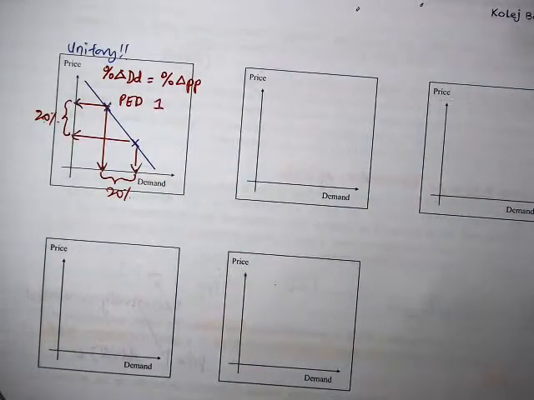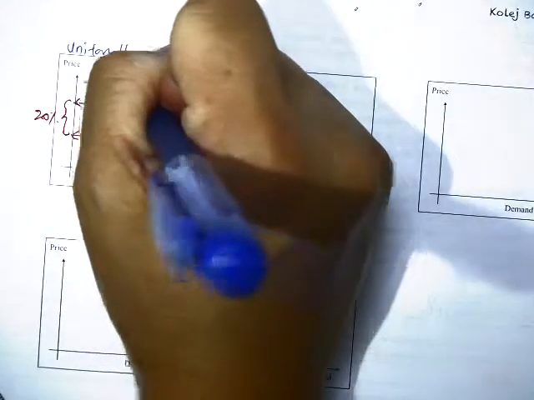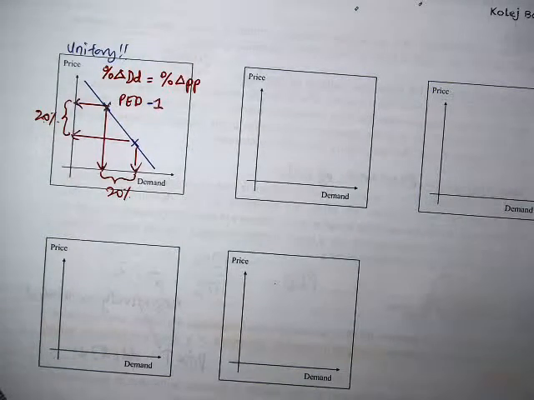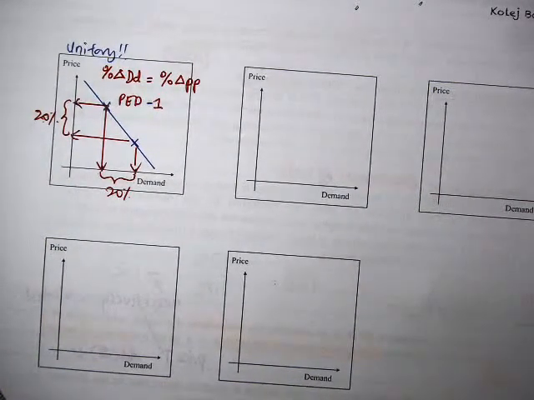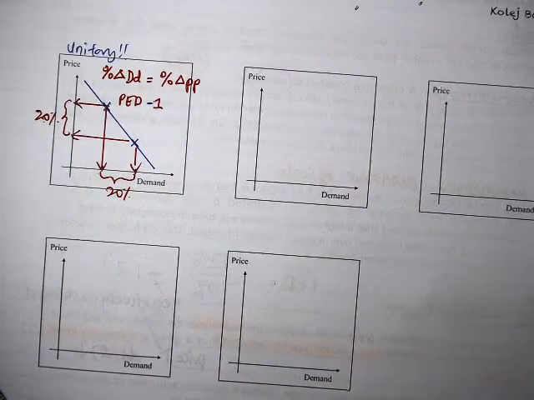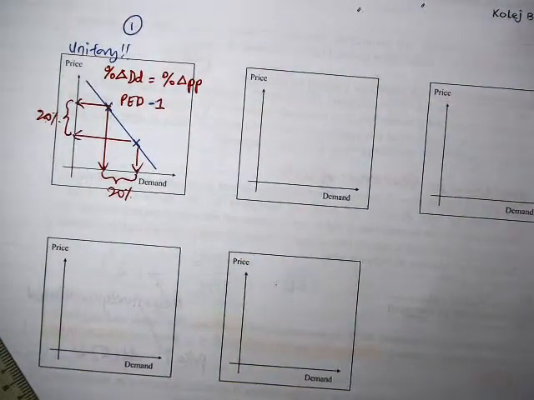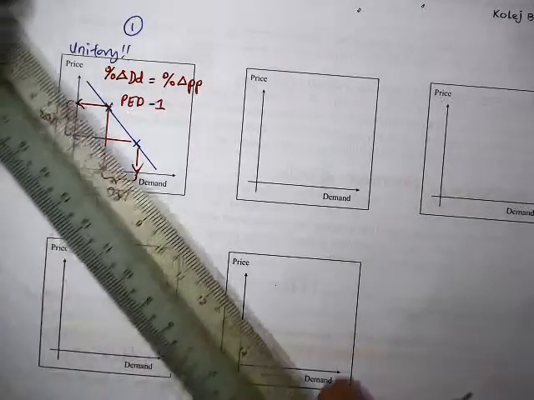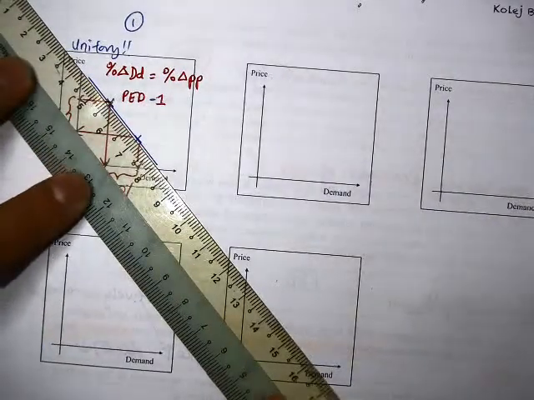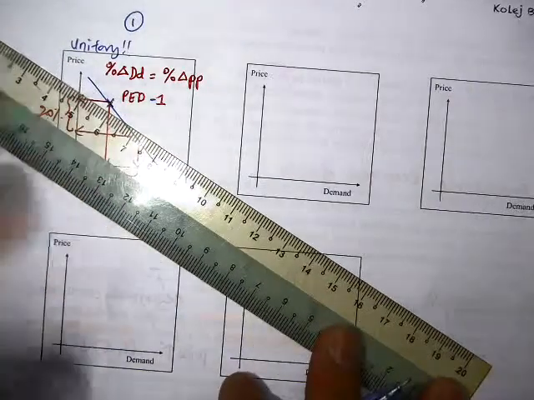Now of course, even though you say PED is 1, you still need to put a negative in front, because you want to show the relationship between price and demand. Okay? Now, so we adjust the line a bit. Now I make this line a bit flatter, like put it to sleep like that.